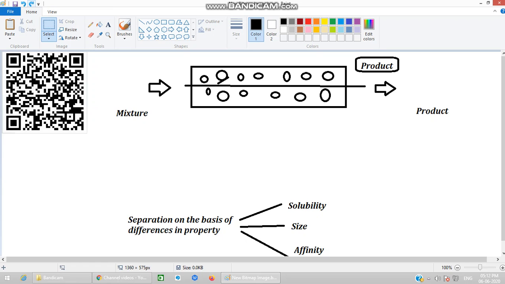Now see, this is how the separation will take place. You have given the mixture, and the different molecules will get distributed in two different phases. Ultimately the product may come out, or the product may get trapped. It depends on which principle you are using.